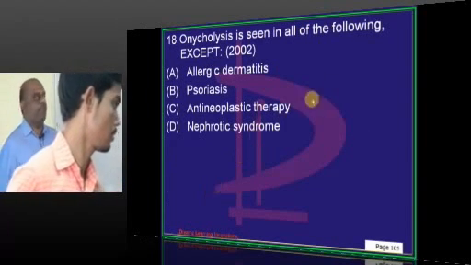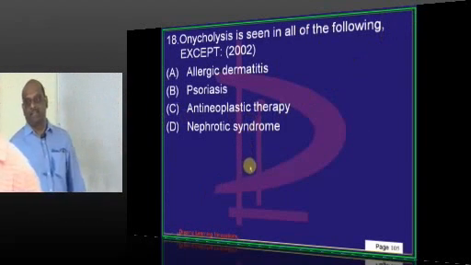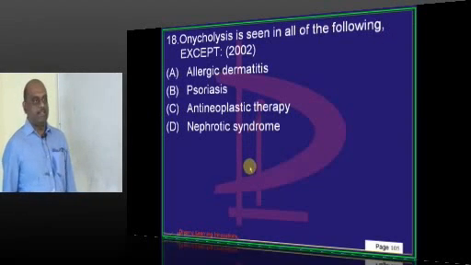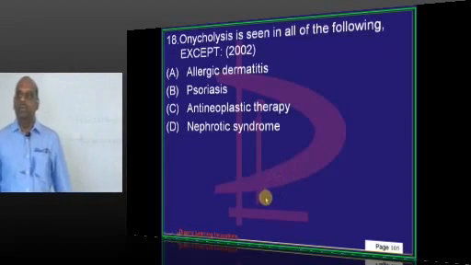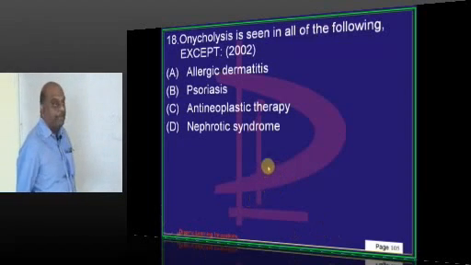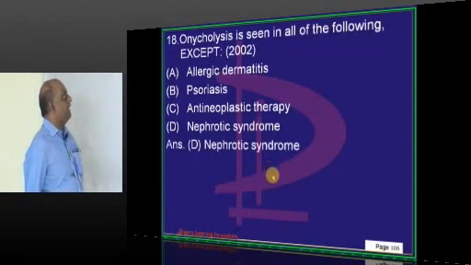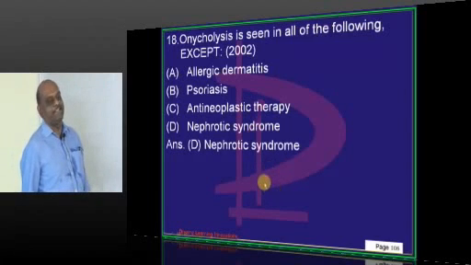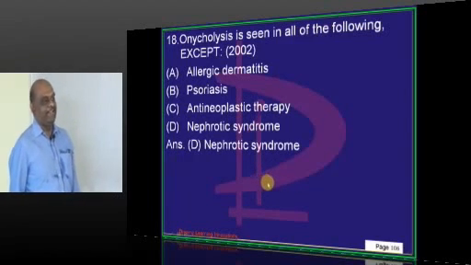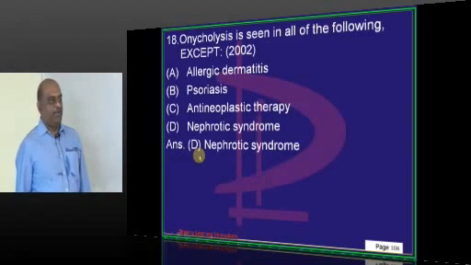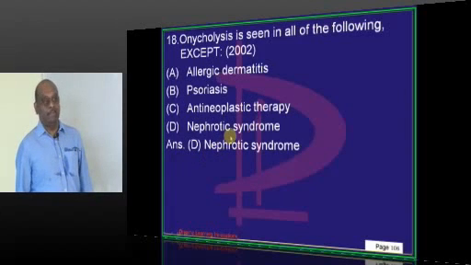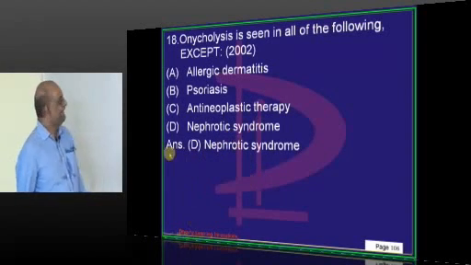What are the scenarios where you find onycholysis? What is your guess? Shoot an answer. Possibly? Allergic dermatitis also it is seen. That's where making a reasonable guess is what we should pray God for. But also pray that the reasonable guess turns out to be the right answer.